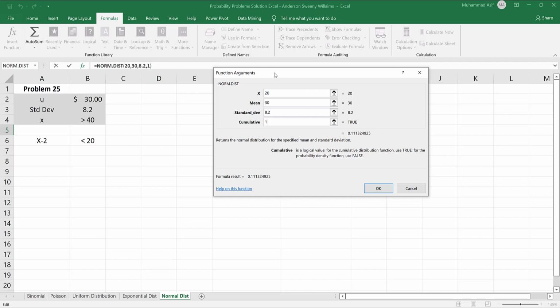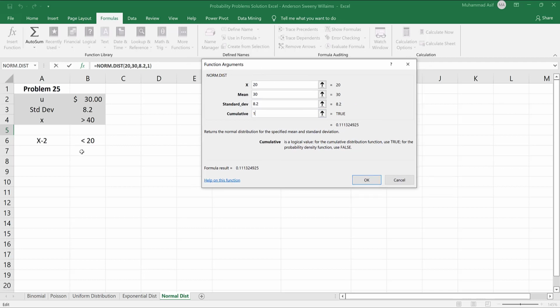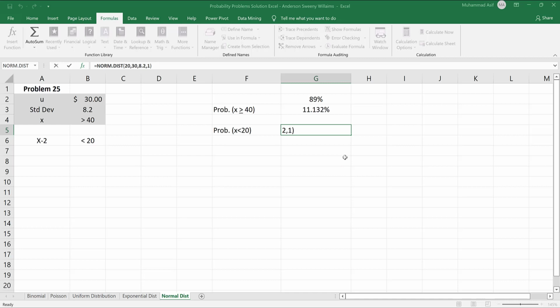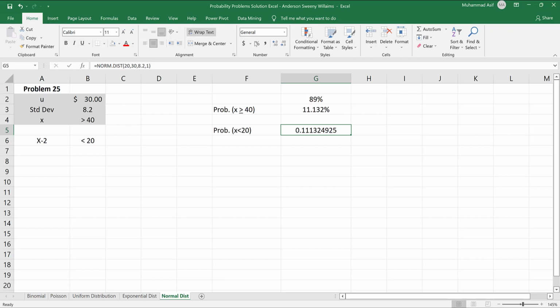In this case, because the question is specifically asking less than 20, which means the left tail, and that's exactly what this dialog box provides, we don't need any further step. So our answer in this case will be 11.13%, and let me convert this into percentage.